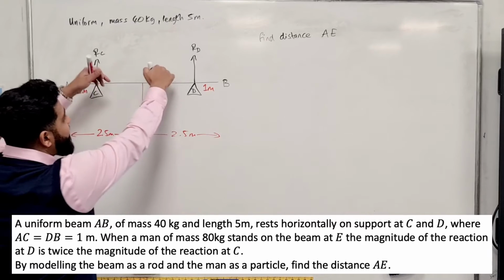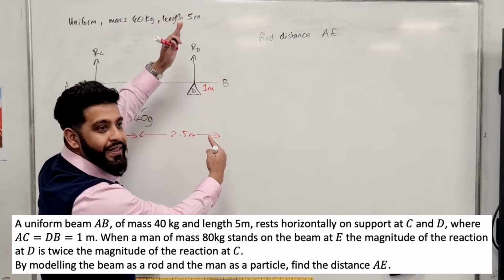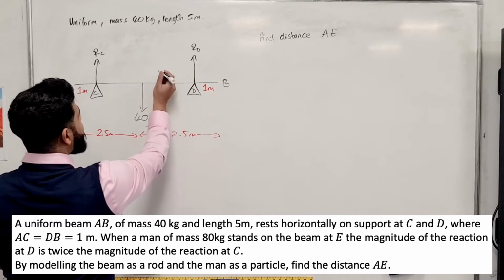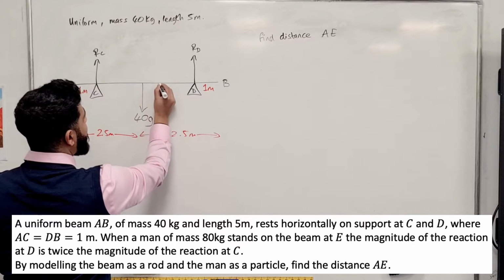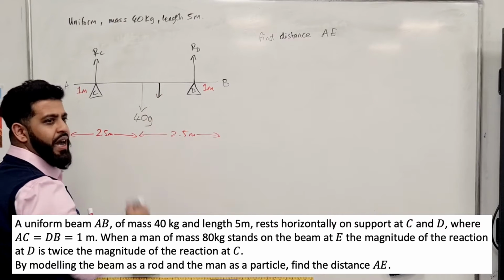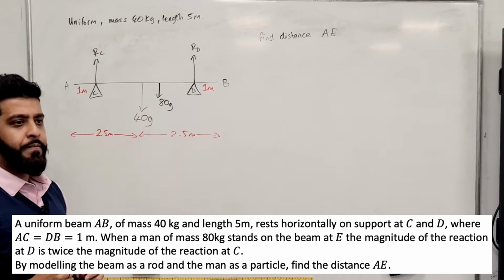Because obviously he's got to be between those 2, because if he's here, he's going to make the whole thing tilt. And same on this side. So it has to be between those 2. All right, so I'm just going to put the man somewhere here, and I don't need to draw a picture of the man. I'll just draw that, and I'll put the man's weight, which is 80g.